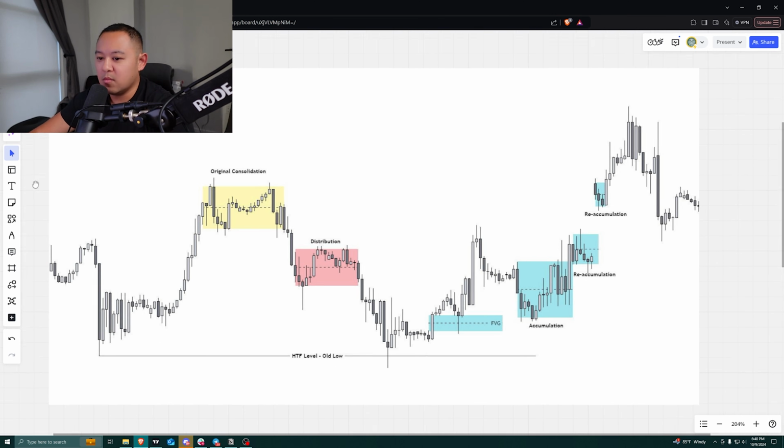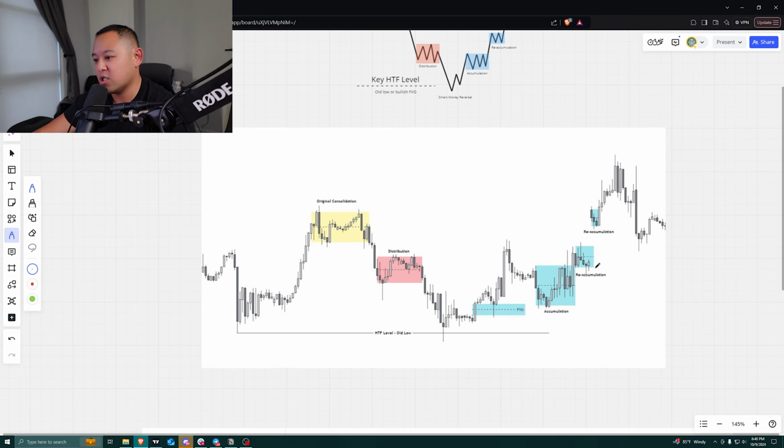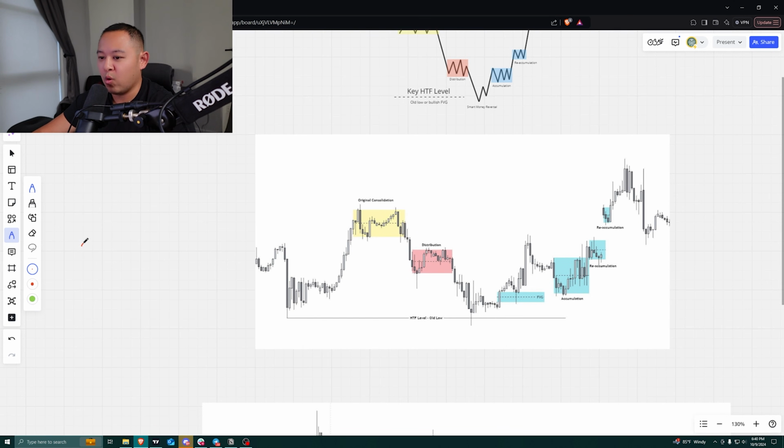Now, one thing that I will point out is when you're trying to find an original consolidation that is going to be ran out at a later date, what you kind of don't want to see is one big spike higher and then trade lower, because that oftentimes will signal a smart money reversal, or it might be a high resistance liquidity run. So what you're looking for really is an actual consolidation that's visible, that is either producing a low resistance liquidity run, which is a whole different video, or a level of clean highs and lows.